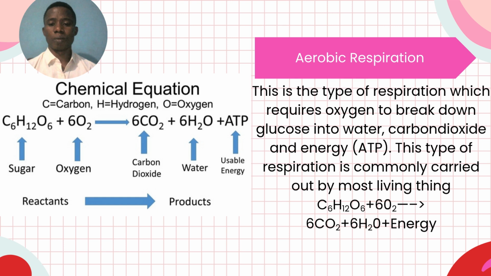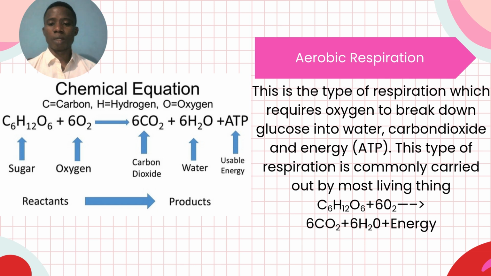As you can see from the chemical equation, we have glucose, which is the starting point of respiration, being broken down by oxygen to produce carbon dioxide, water, and energy, which is also known as adenosine triphosphate.